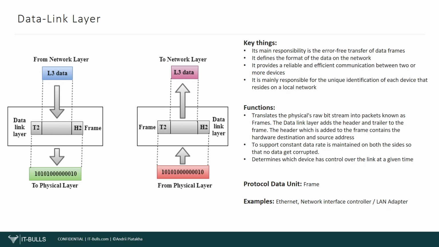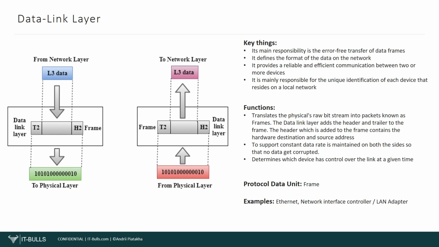Now, let's learn the functions of the data link layer. The functions are: the data link layer translates the physical raw bit stream into packets known as frames. The data link layer adds the header and trailer to the frame. The header, which is added to the frame, contains the hardware destination and source address. Flow control is the main functionality of the data link layer.